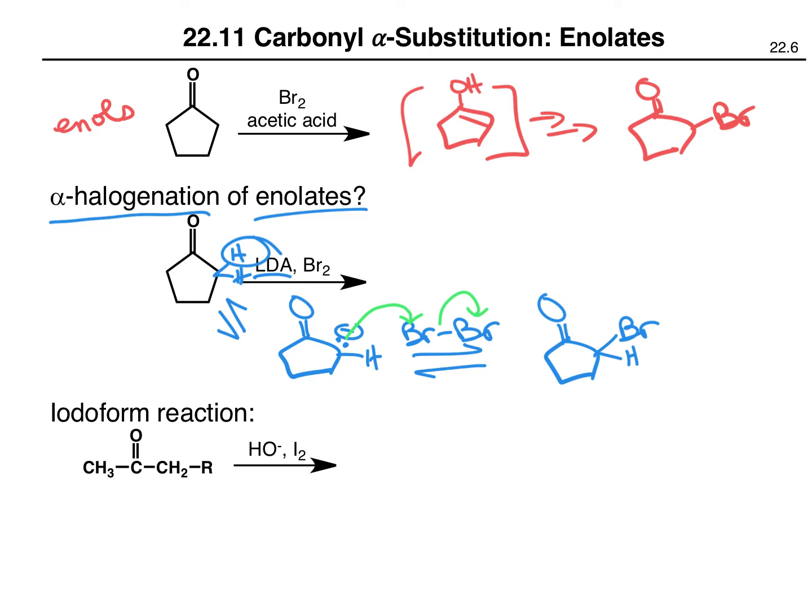But traditionally, there was a very important application of this, and this is called the iodoform reaction. So let's say we have, for example, a methyl ketone, and this can undergo alpha halogenation under basic conditions, and this is going to give us some of this.